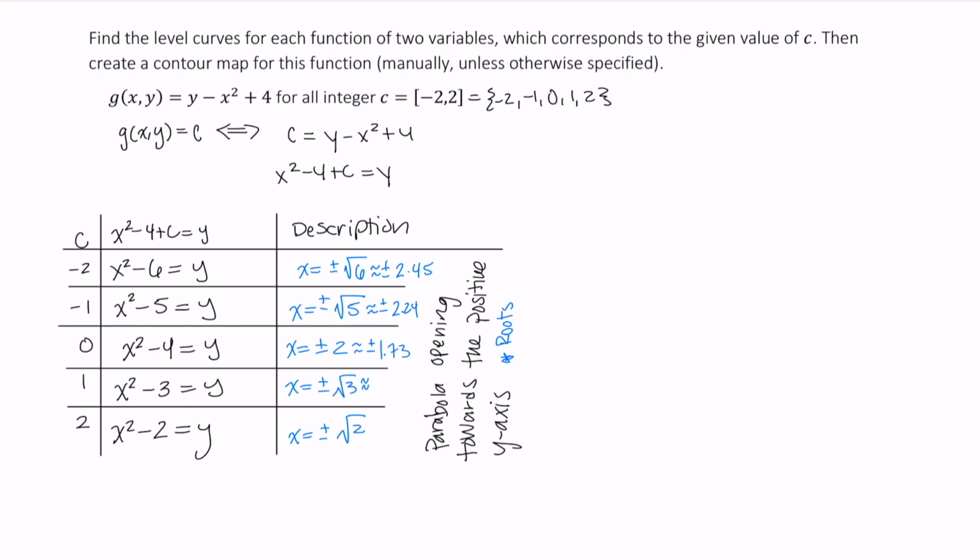This one is approximately, oh, excuse me, I skipped one. Here we are. I skipped a whole line. There we go. Root 3 is approximately 1.73, not 2. What I wrote previously was absurd. Okay. And this is about plus or minus 1.41.